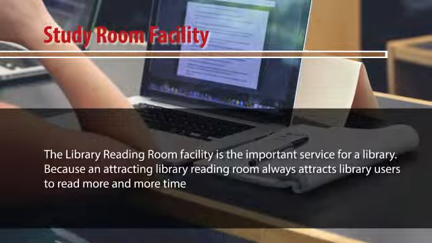So these reading rooms are monitored: the seat availability, the availability of the rooms, the faculty rooms in the library. These are all maintained and facilitated by the Reader Services section.